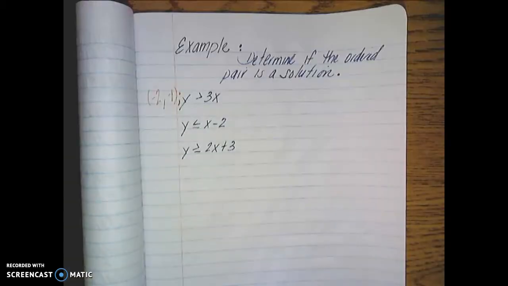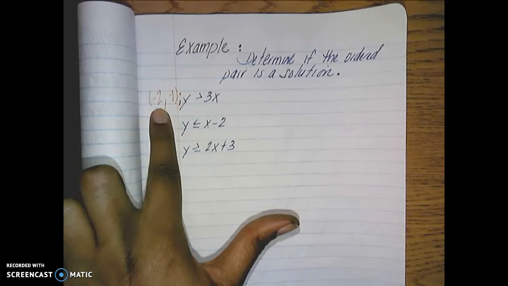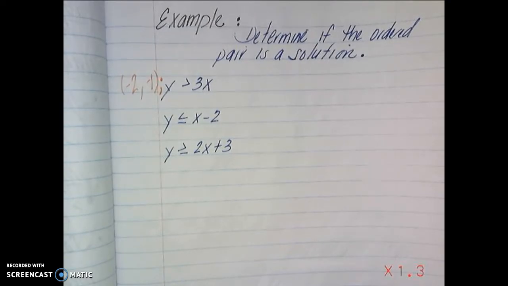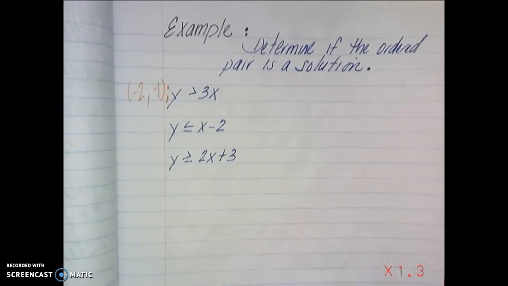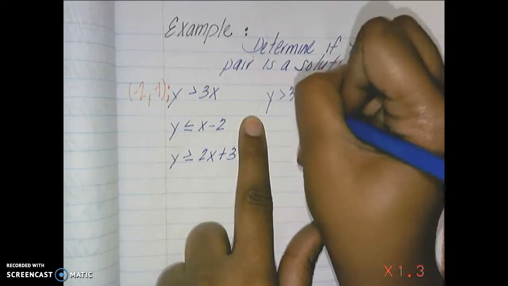So for practice, what we did in class is determine if the ordered pair is a solution. The ordered pair is (-2, -1). I'm going to substitute that in for every single x and every single y given inside the equation. The very first example is y is greater than 3x.